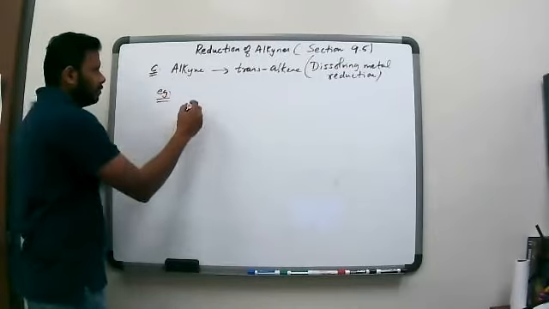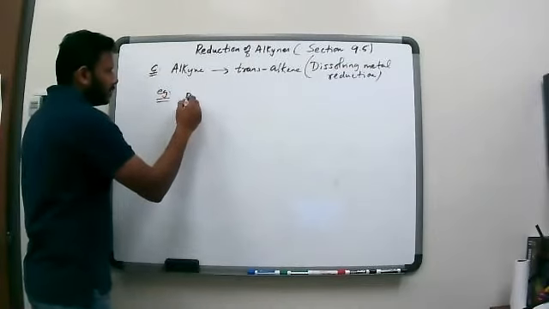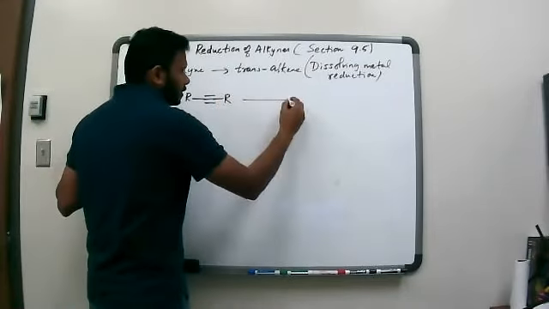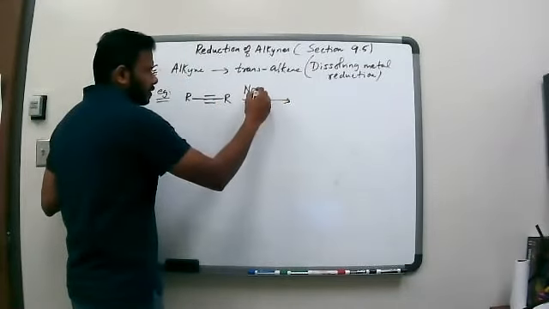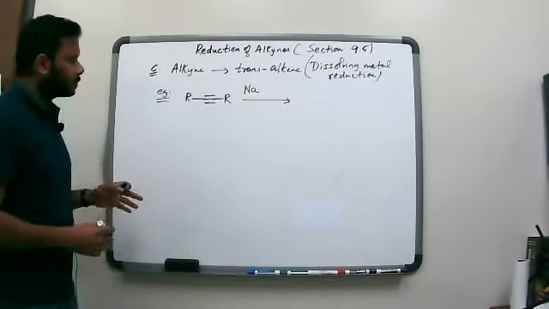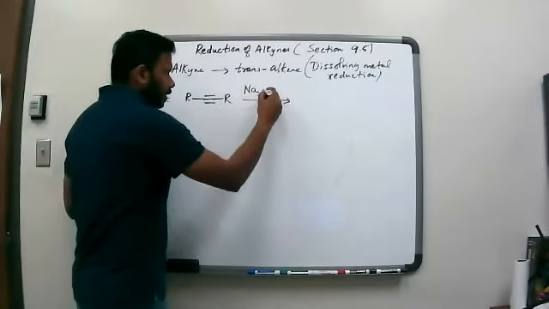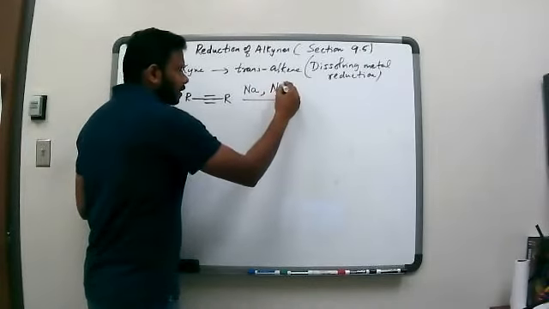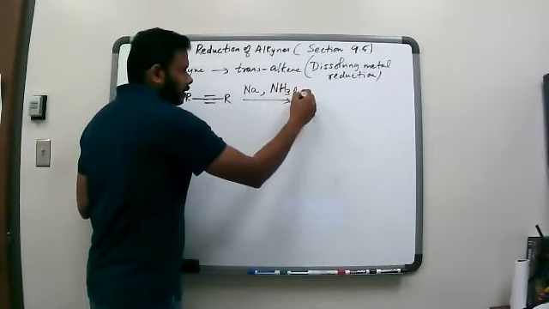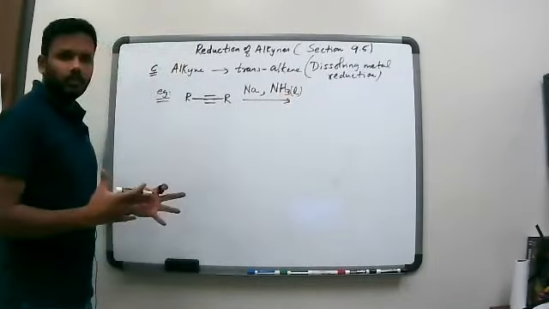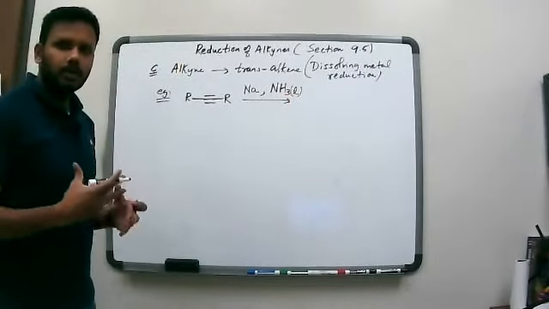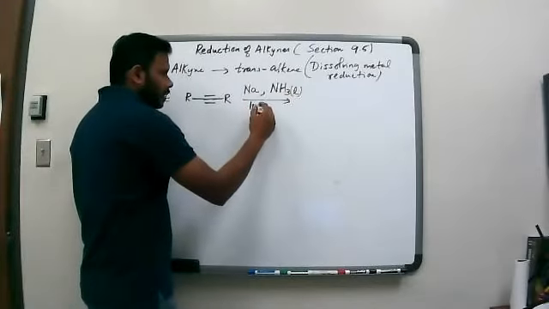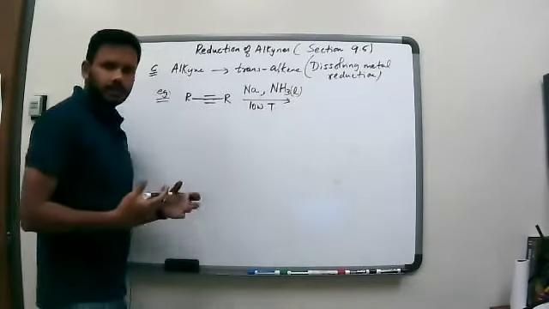The simple scheme here is if you have an alkyne and you react it with sodium metal, okay, so this is sodium, comma, ammonia liquid, okay, sodium metal in liquid ammonia, and this reaction is done at low temperatures usually.